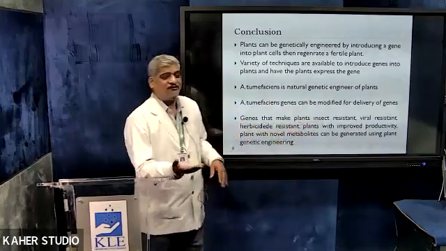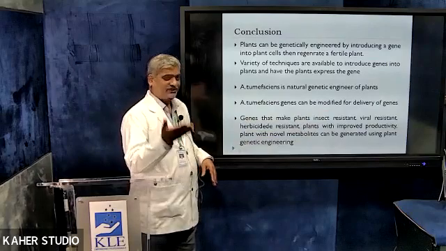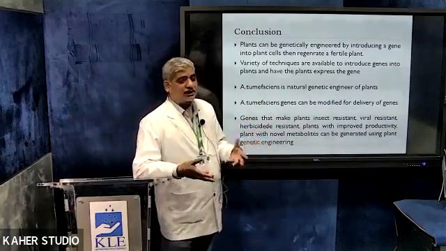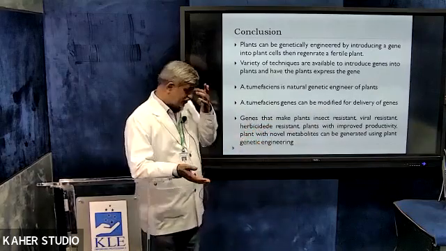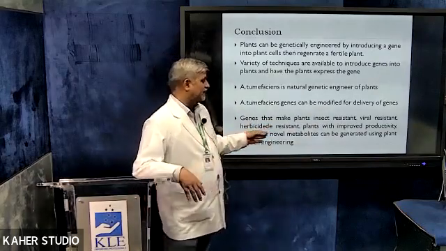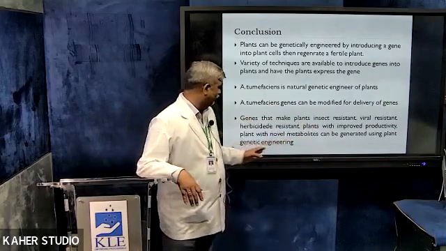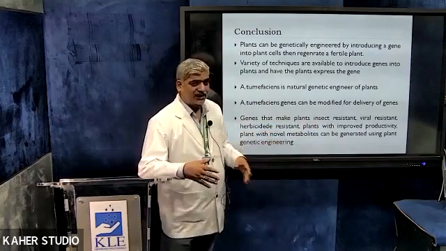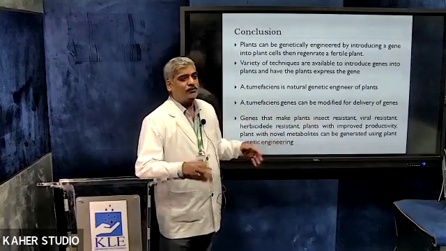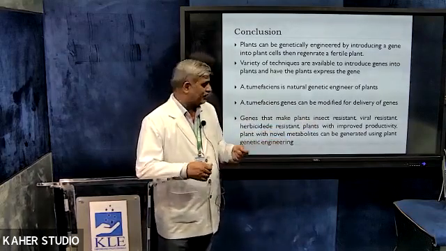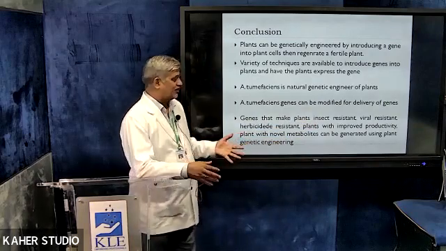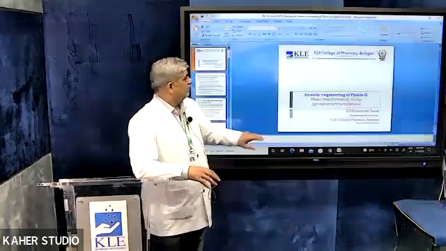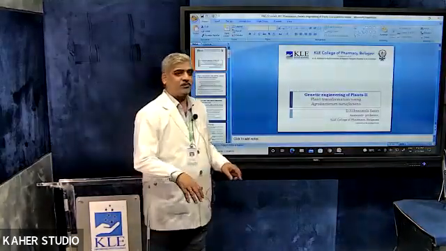Viral resistance, we have examples of GM papayas and others. We have GM potatoes, GM brinjals and other important herbicide resistant plants with improved productivity, plants with novel metabolites, plants with improved strength of fibers, commercial plants. So many plants have been generated using genetic engineering. Thank you for your patient listening.